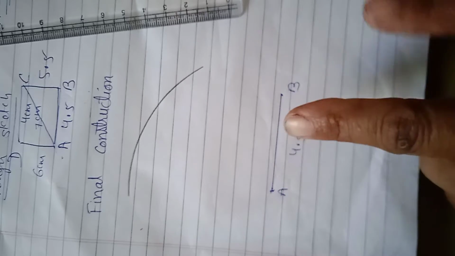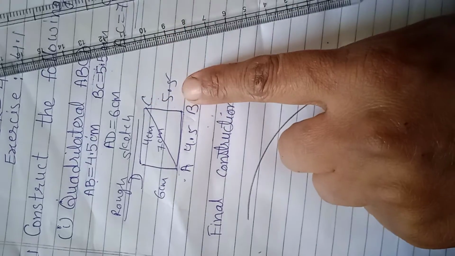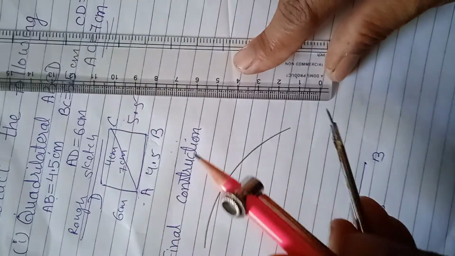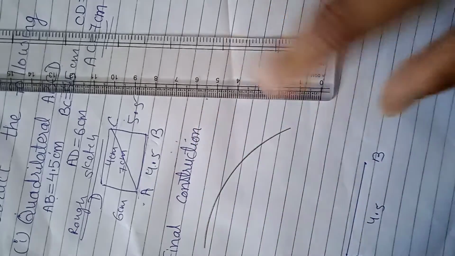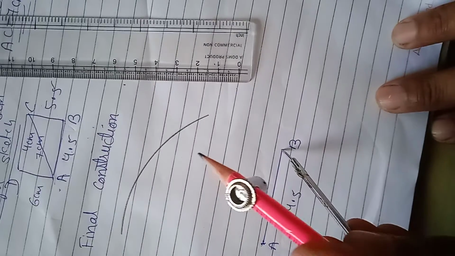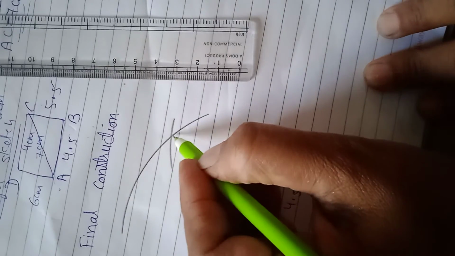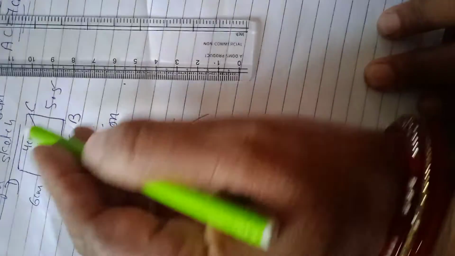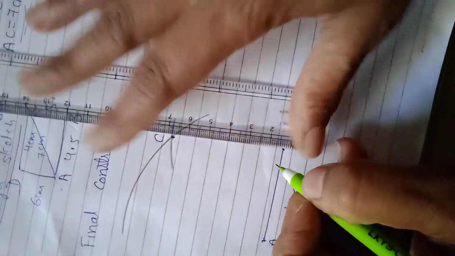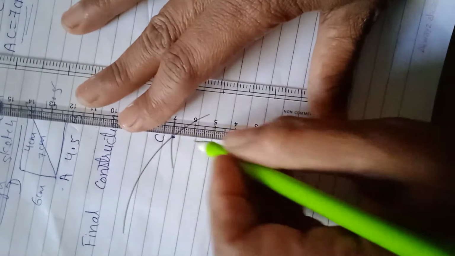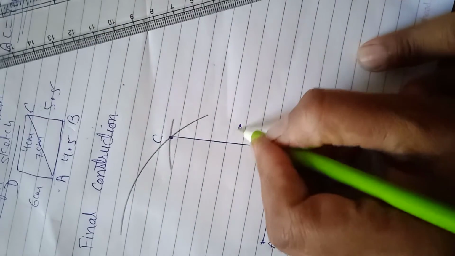To find the exact position of C, I need to draw one more arc from BC, which is 5.5. So now we will open our compass up to 5.5. Now take B as center and draw another arc. You may see the two arcs are intersecting each other. Name this point as C. Join B to C. Okay, and as we know, BC is 5.5.